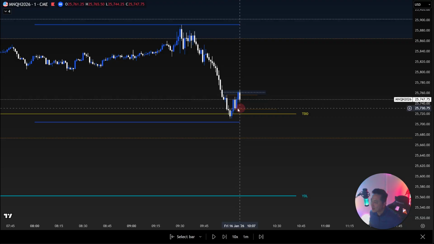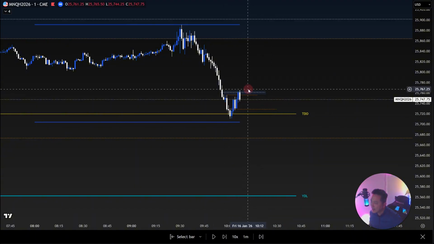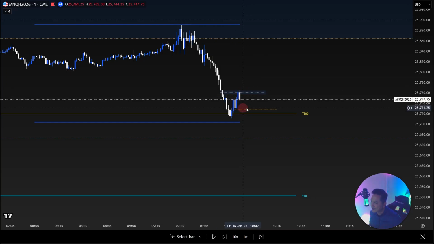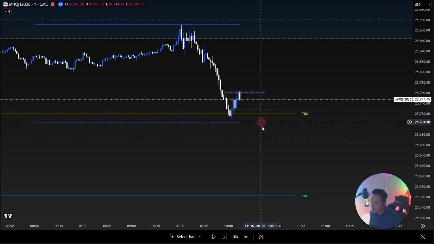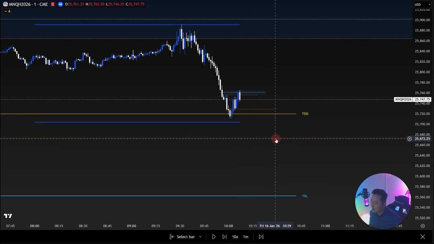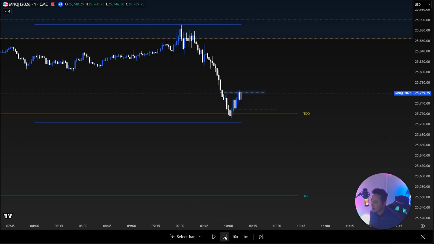Now, if price were to come back through and close below these two bullish candles and also close below the 10 a.m. open, then potentially we have that 4-hour wick formation. And then we can look to trade the expansion, sorry, lower to our target on draw liquidity, which is this low right here.